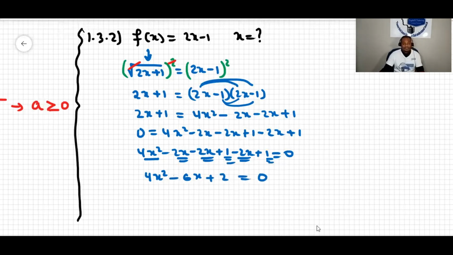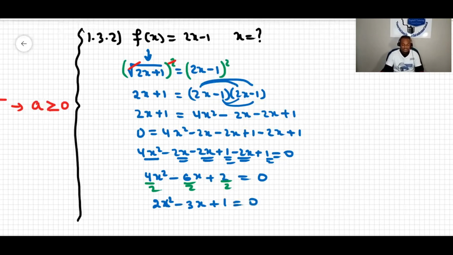Now we notice that each term here is a multiple of 2, so we can simplify the equation. It's always good to simplify as you work things out. Dividing by 2, this makes 2x squared minus 3x plus 1 equal to 0.